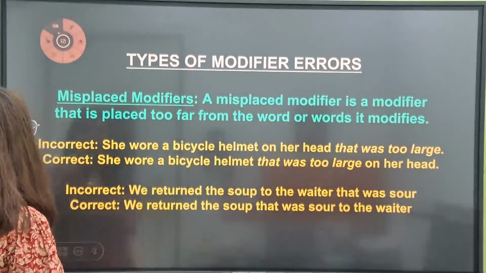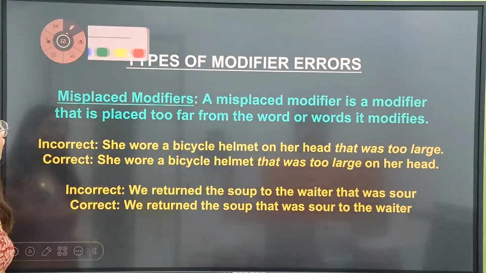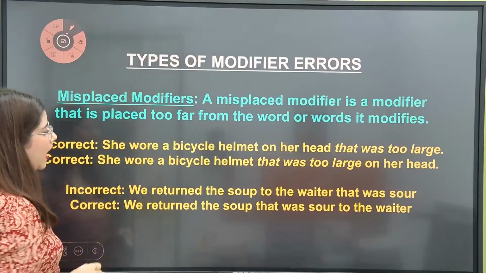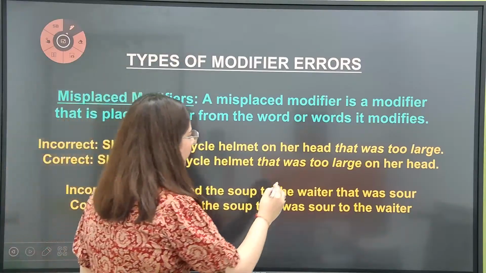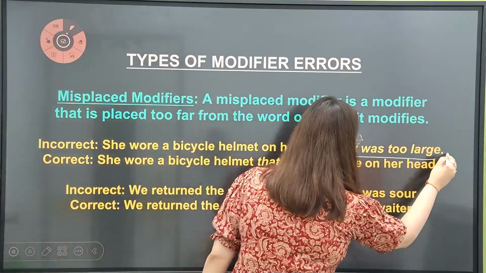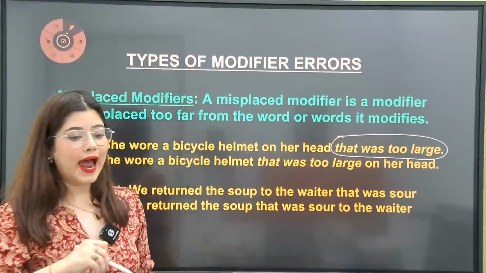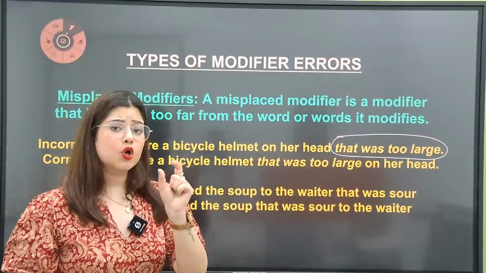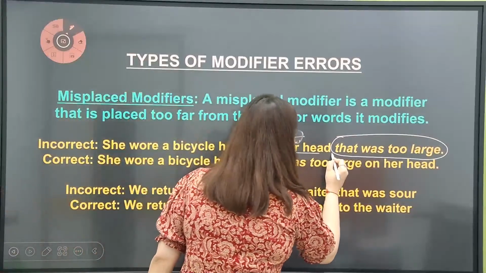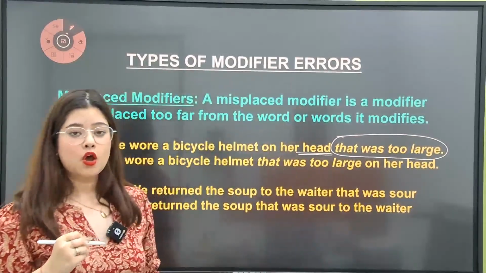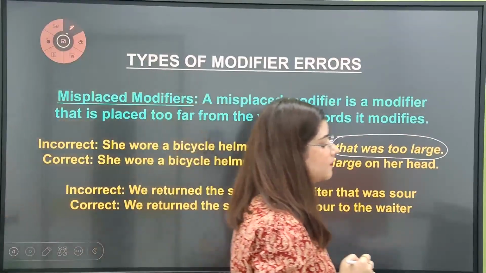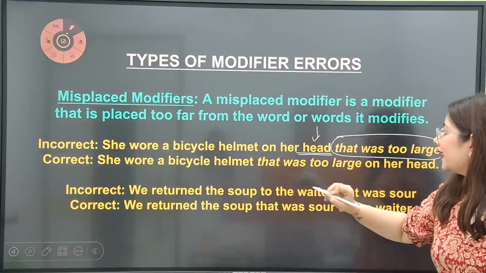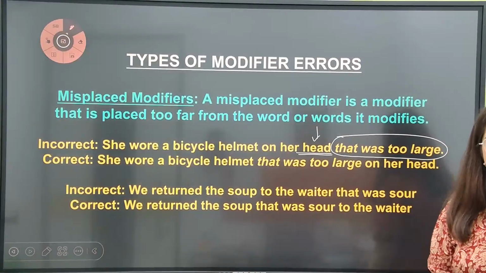For example, if I look at the sentence, she wore a bicycle helmet on her head that was too large, right? Now here clearly the modifier is that was too large, and it is placed closest to head. So this gives a false impression that her head was too large?